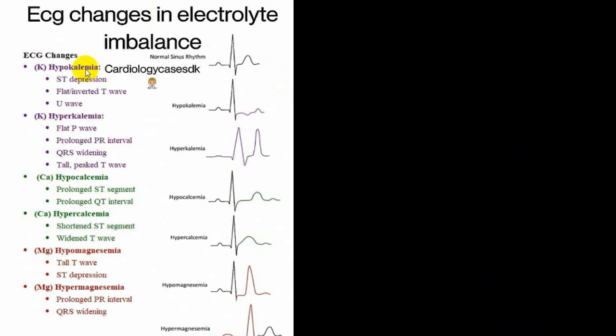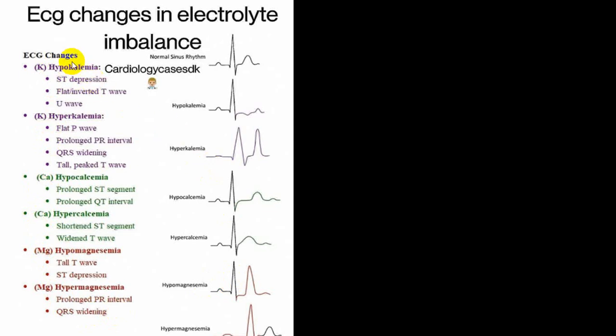These are the changes in hypokalemia, hyperkalemia, hypocalcemia, hypercalcemia, hypomagnesemia, and hypermagnesemia. So at your leisure time, go through these electrolytes. Of these, potassium and calcium you will come across quite commonly in your everyday practice, while magnesium is not so common.